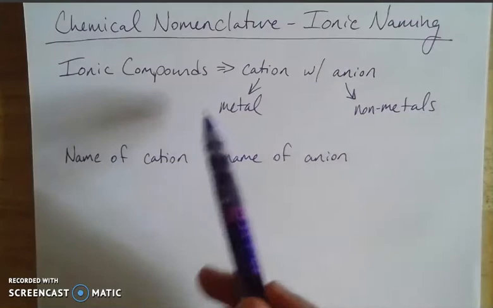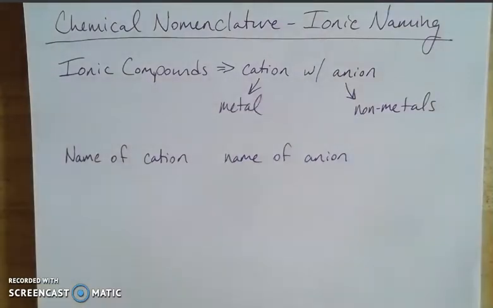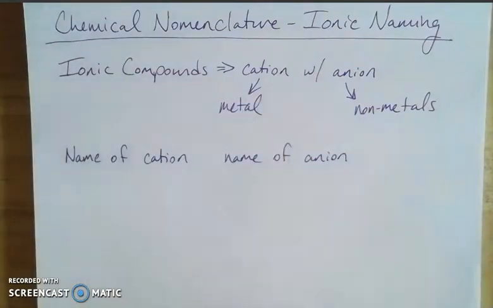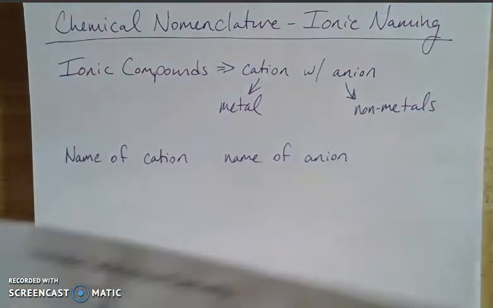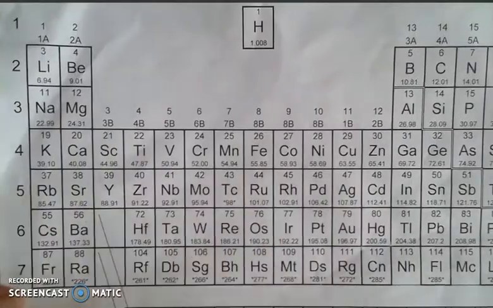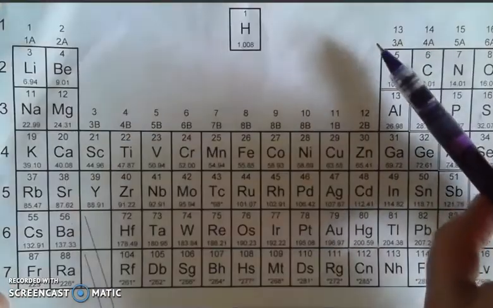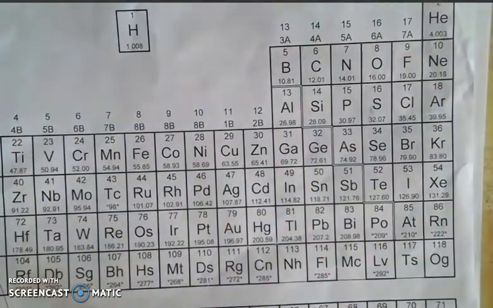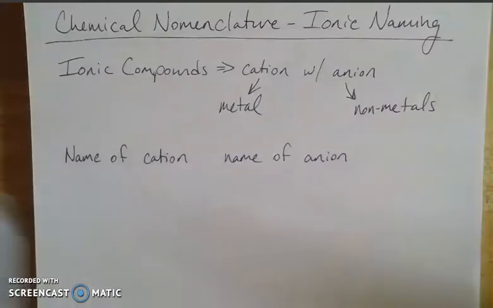So when you have a metal that is chemically bonded to a nonmetal through electrostatic attraction because of this attraction between the positive and the negative, or if we wanted to think about it in terms of the periodic table, here's our little stair step of metalloids, if we have something from the left-hand side of the periodic table that is paired with something on the right-hand side of the periodic table, then we have an ionic compound.